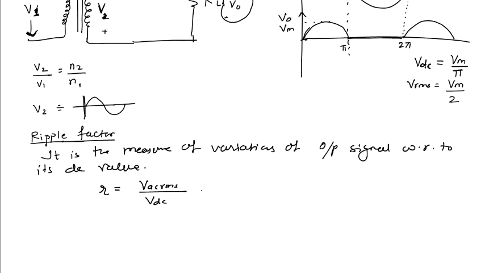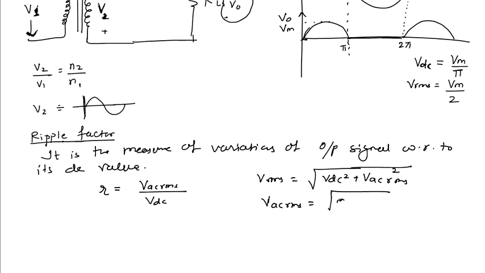We know that Vrms equal to under root of VDC square plus VAC RMS whole square. Now from this we can write that VAC RMS equal to under root of Vrms square minus VDC square.